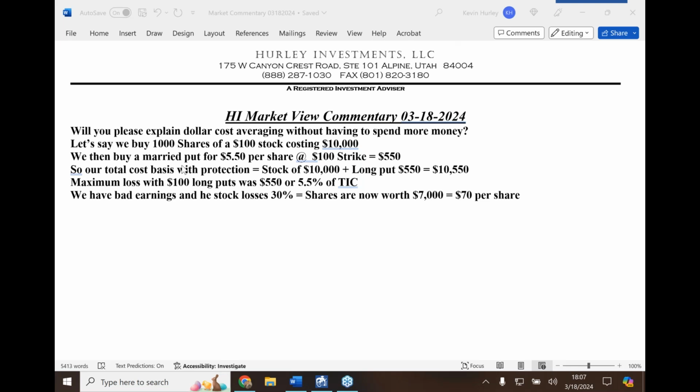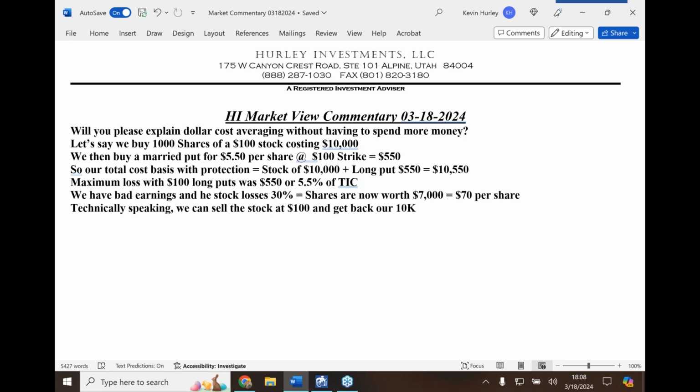Perfect. So technically speaking, we can sell the stock at 100 and get back our 10K, because we have the right to sell our stock at a certain price for a certain period of time.